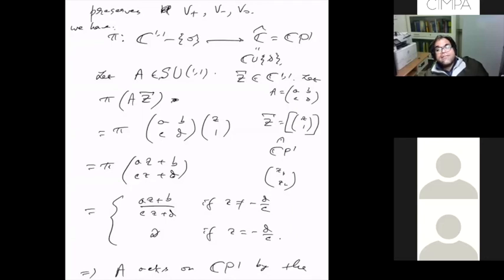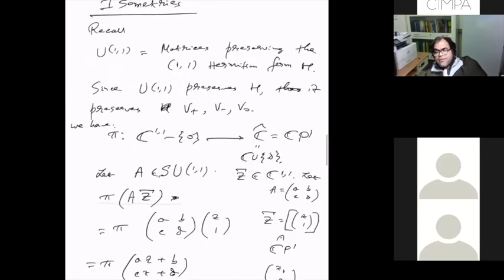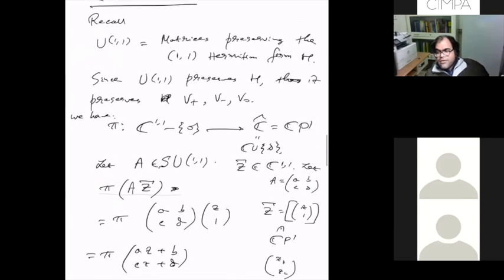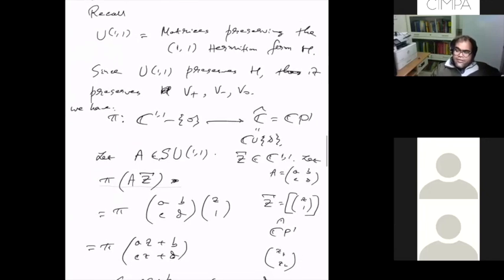The action is similar, but you have to compose the Mobius transformation with the complex conjugation. Okay, but here I have just restricted myself to SU(1,1).